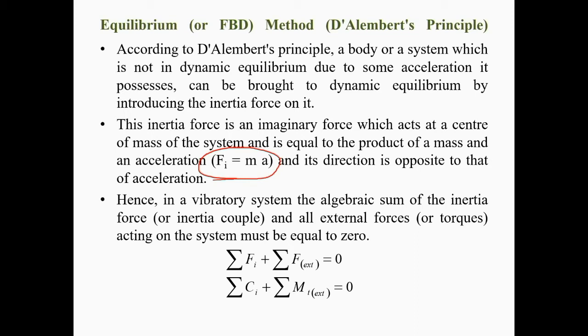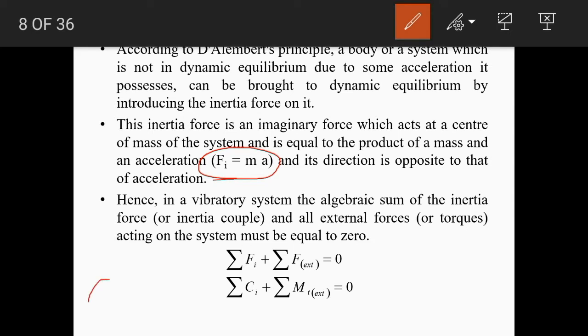Its direction is also opposite to that of the angular acceleration. So the inertia couple Ci can be written as the product of the mass moment of inertia I about the center of gravity into the angular acceleration alpha.